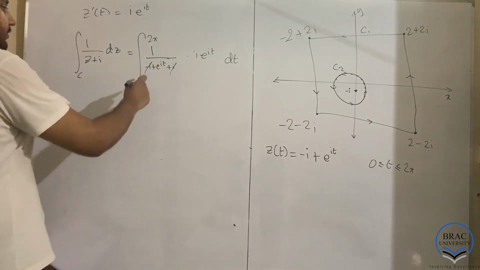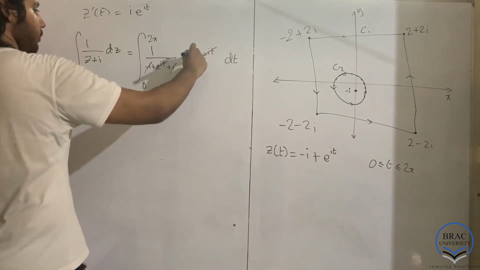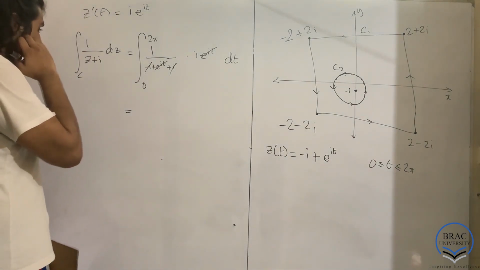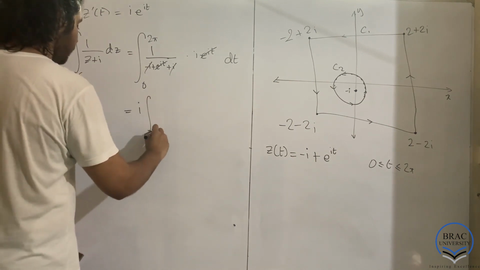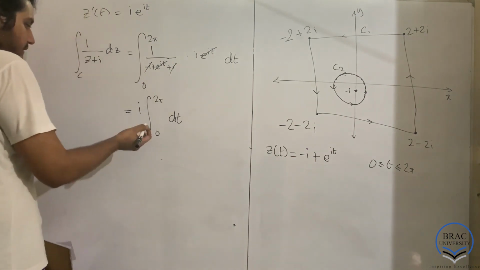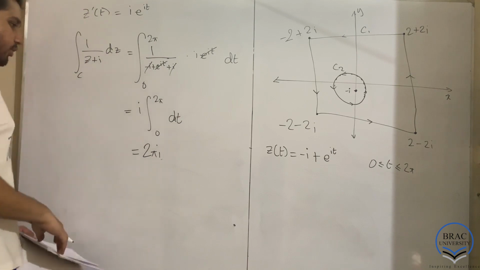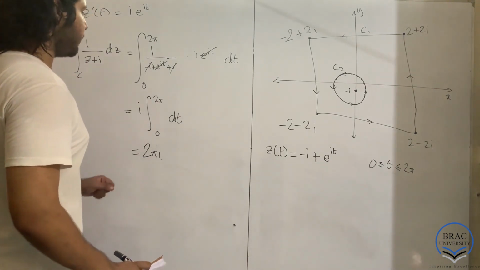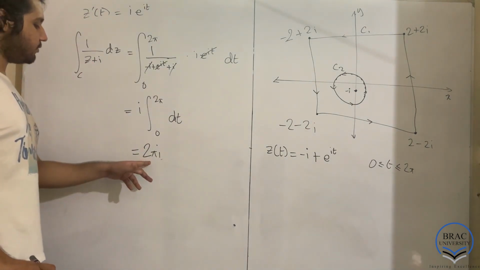Of course e to the power it cancels out e to the power it, and what you're left with is i, and i is another constant, so you can take it out of the integral. You have again the integral from 0 to 2 pi of dt, and of course this gives us 2 pi i again. This is a weird but pretty fascinating result: regardless of what your discontinuities look like, up until now, I'm giving you 2 pi i.